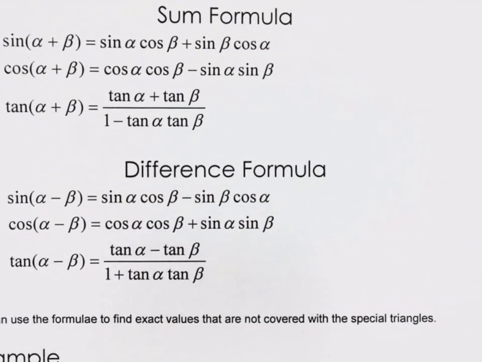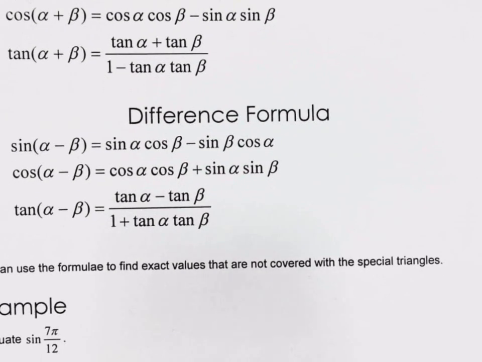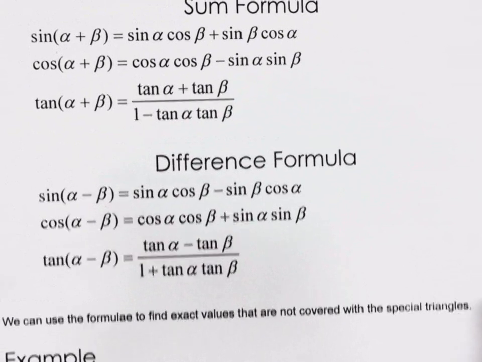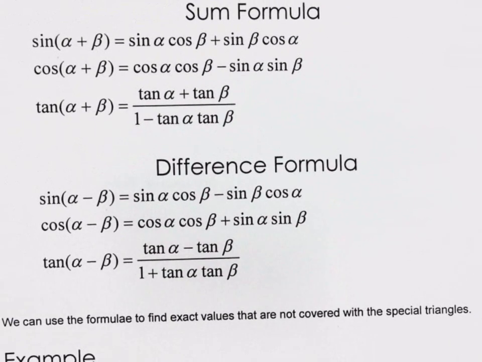When you get your final exam, make sure you rip this formula sheet out and keep it close to you if you're doing a sum and difference. Okay, so the reason why we would use these identities, and this will show up on your non-calculator portion. I'm going to be honest with you, chapter 6 is probably 100% no calculator.